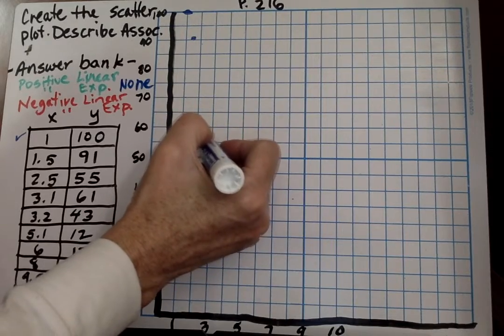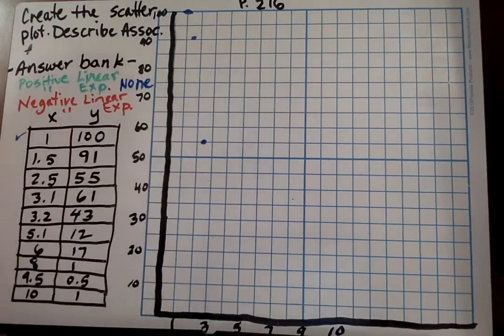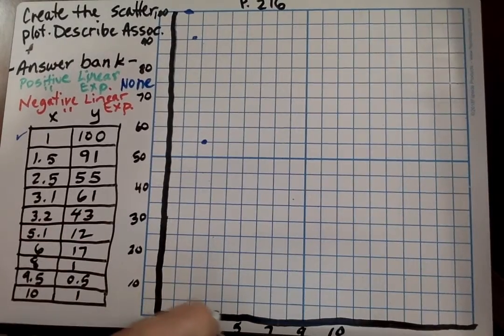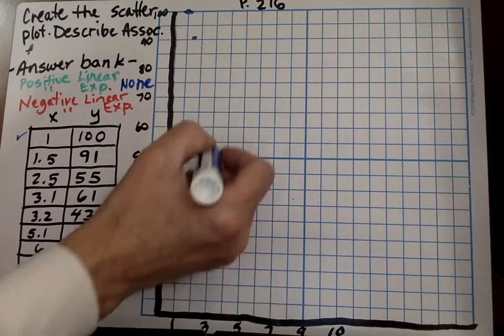Oh, that's right on that line. Okay. 3.1, 61.